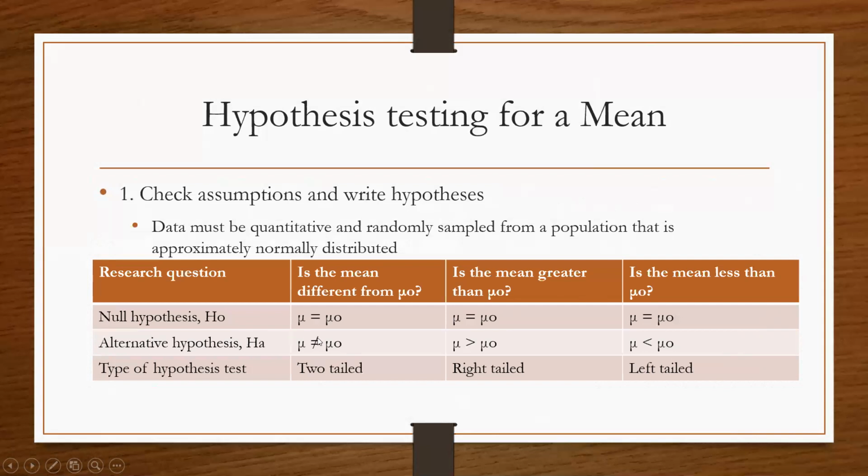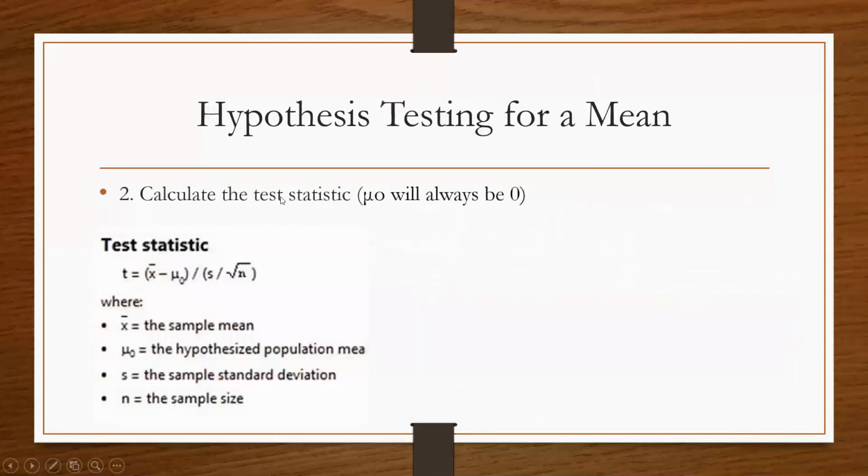If the mean is just strictly different, then it's a not equal to sign and it's two-tailed. If you're asking, is the mean greater than the null mean, then it's a greater than sign and it's right-tailed. And if the mean is less than the null, then it's a less than sign and left-tailed.